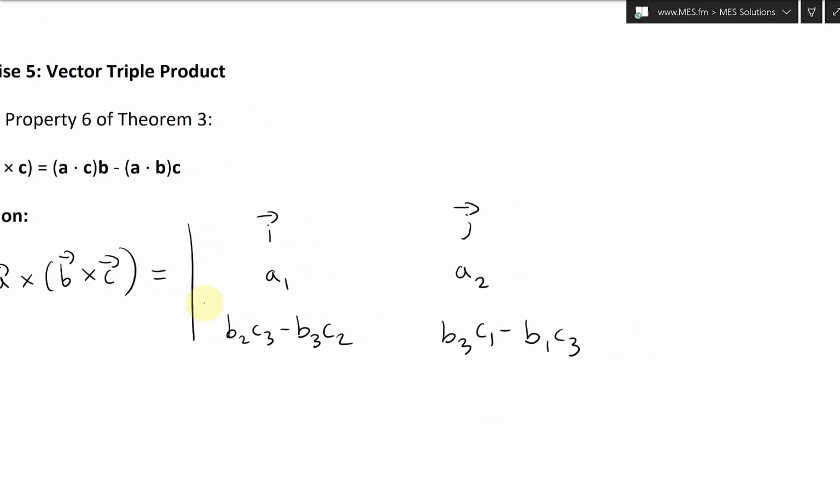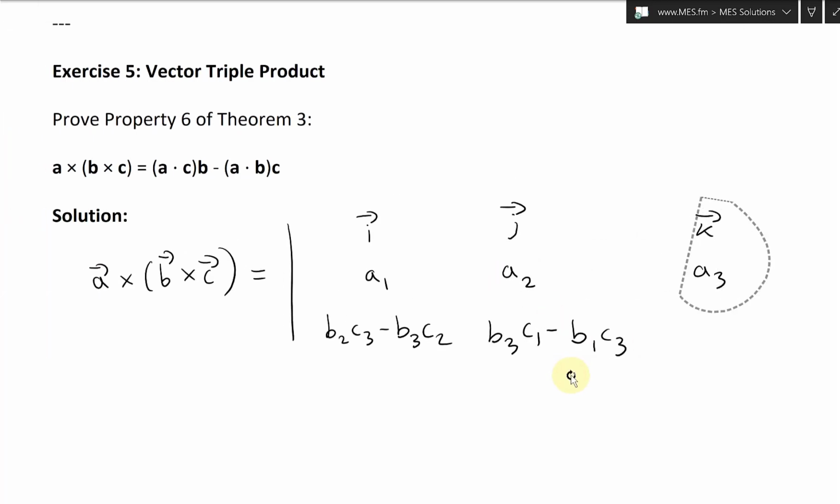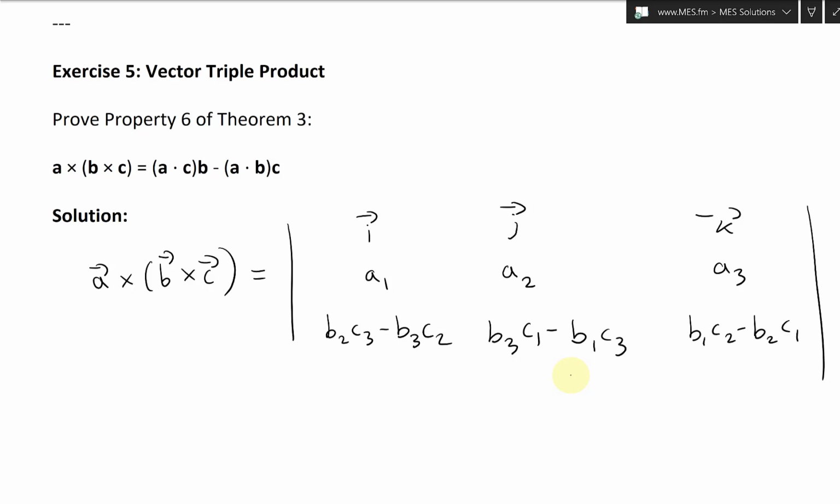And then the next one is k, and this is going to be a3. Let's shift everything over here. This is going to be b1 c2 minus b2 c1 and close bracket. All right, so we have this and we have that.